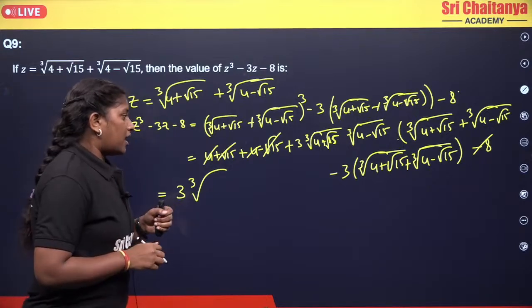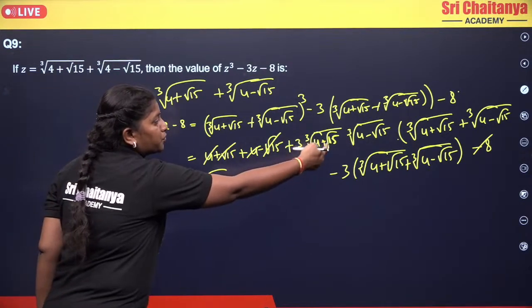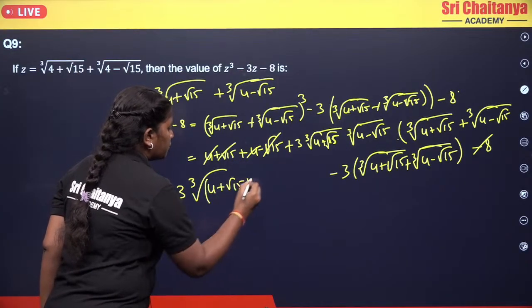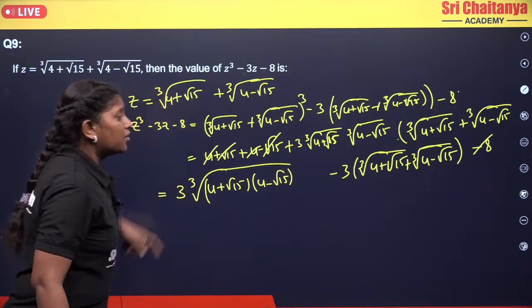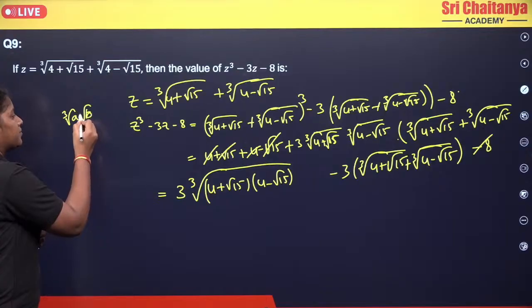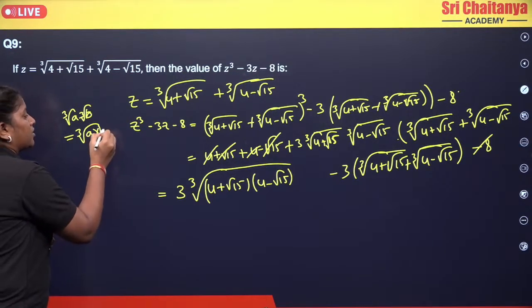After taking the common, we can say here (4 + root 15) whole cube. So now (4 + root 15) into (4 - root 15), because we are having that in the form of cube root a into cube root b. So now we can write it as cube root of a into b.